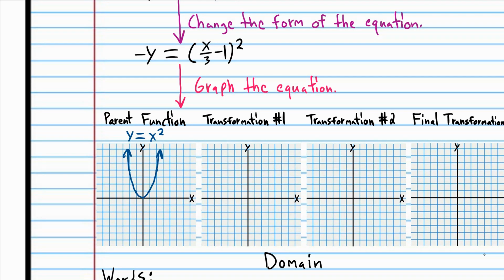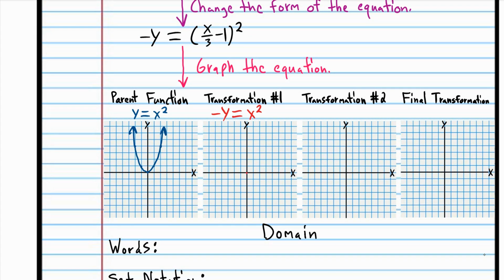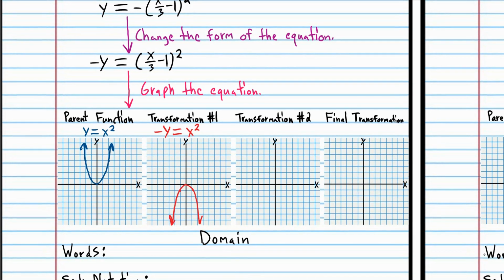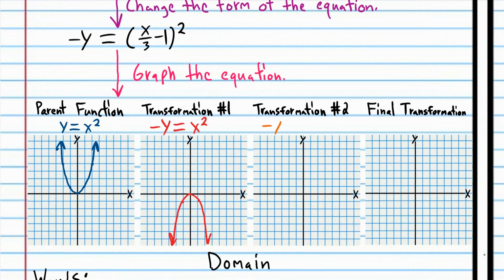So I'm going to reflect. Again, you can translate first if you want, but I'm going to reflect, and we should get the same graph. So that reflects across the x-axis. And then I'm going to subtract 1 from x.